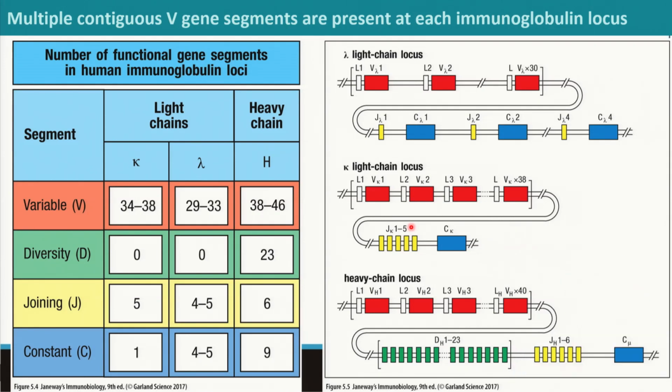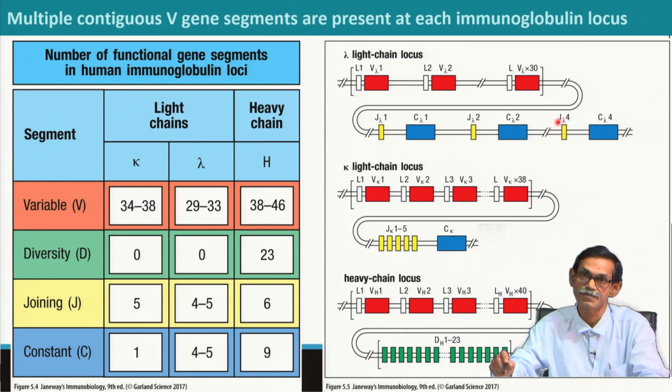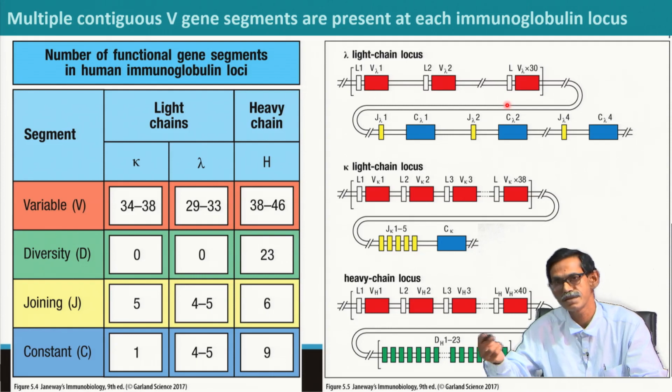Same way, if we consider the lambda chain, here there are 30 variable regions and there are 4 joining regions. So, what is the possible variation? Again simple mathematics: 30 times 4 is equal to 120.